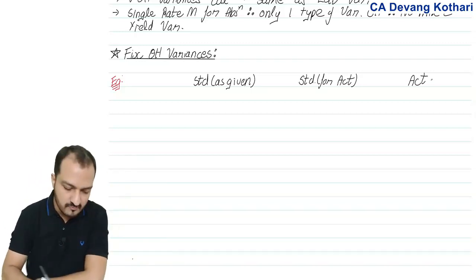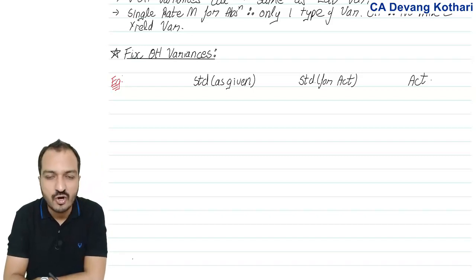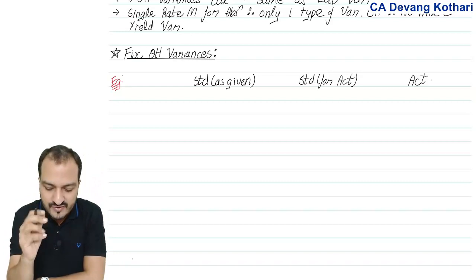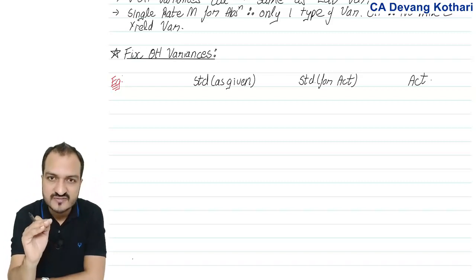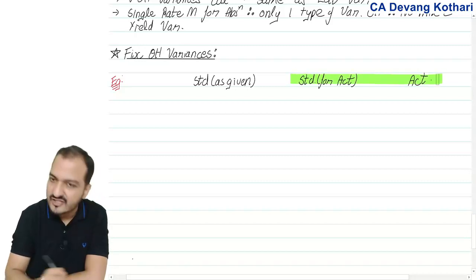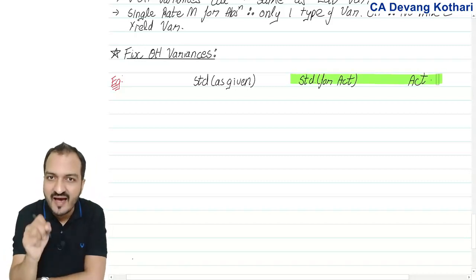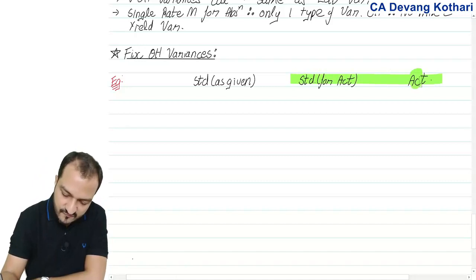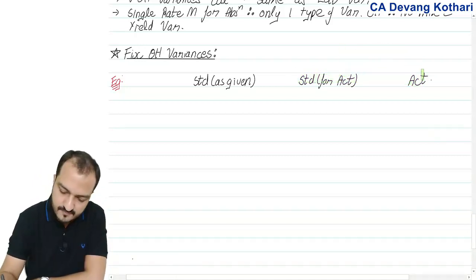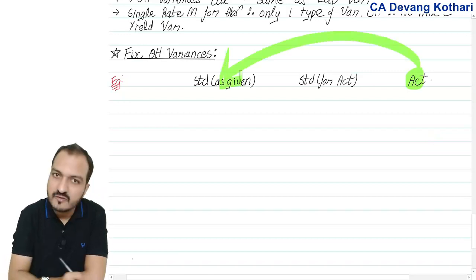However, in most of my other variances, in all my material, labor, and variable overhead variances, you know that my variance calculations were considering only standard for actual and actual. So you were comparing actual only with the standard for actual. Did you ever compare your actual with original standard given?